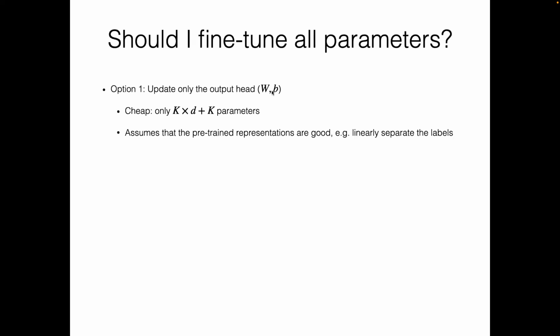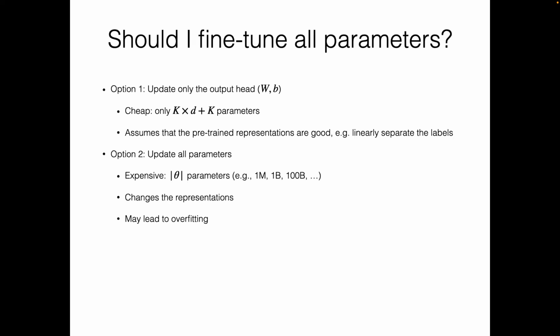It's basically assuming that your pre-trained representations are pretty good, like for example, they already linearly separate the labels pretty well. Based on that somewhat informal argument, you could see why updating more parameters could be beneficial, because now the model can actually adapt its representations specifically for the task that you care about.